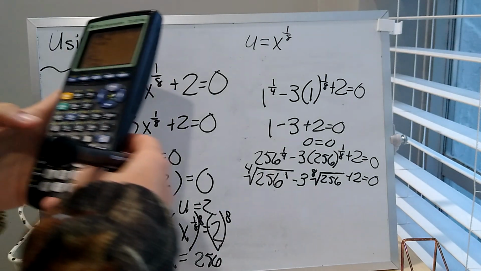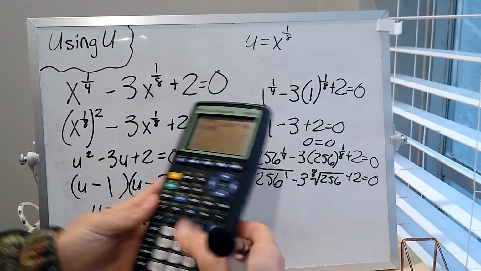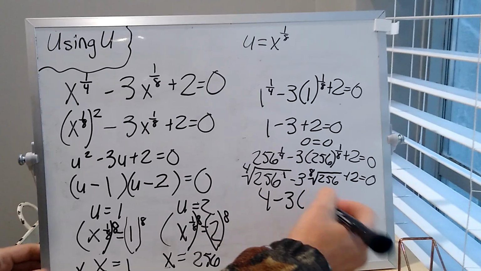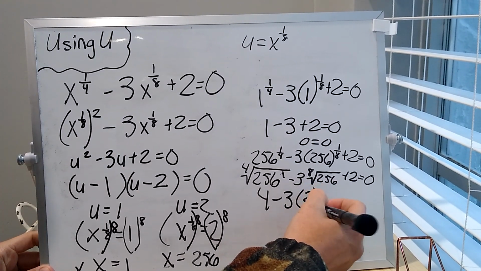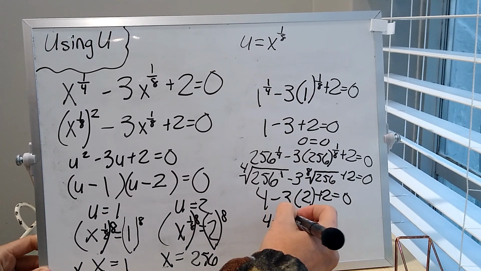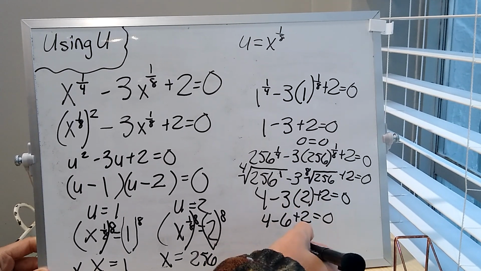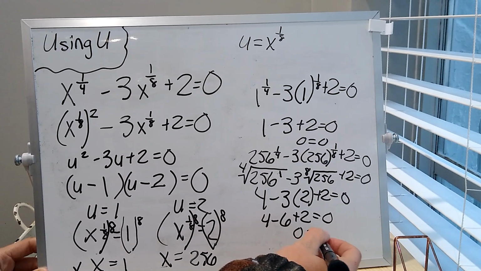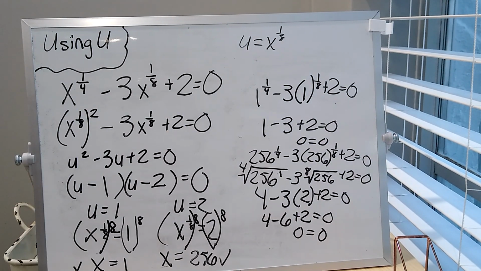The 4th root of 256 equals, yes it is, 4. 4 minus 3 times, we already found out the 8th root of 256 is 2, plus 2 equals 0. 4 minus 6 plus 2 equals 0. 4 minus 6 is negative 2, plus 2 is 0. 0 equals 0. It does work. So in this instance, there are no extraneous solutions. They both work.